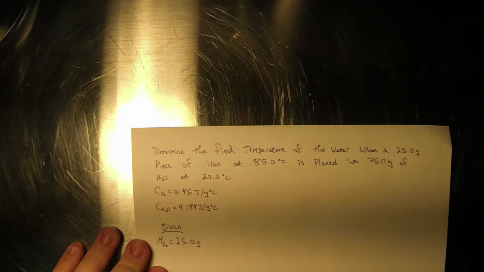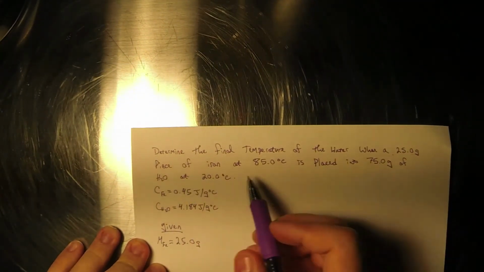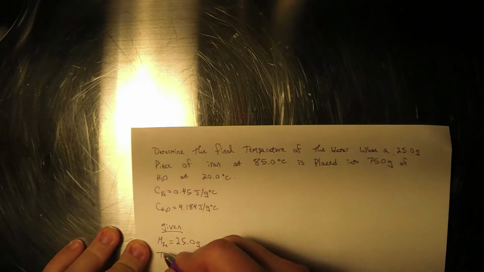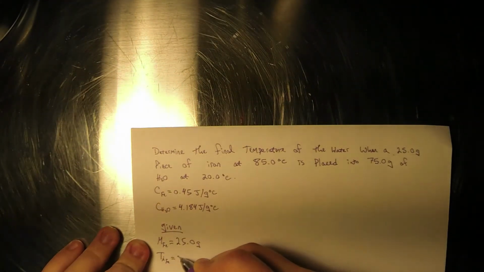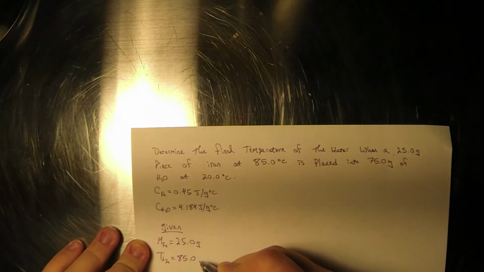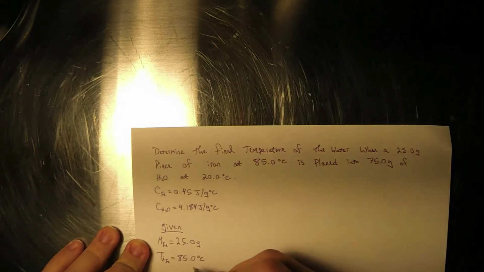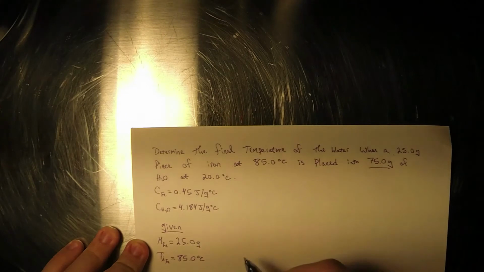Next, we are given an initial temperature, T initial of iron, Fe, equals 85.0 degrees Celsius. And then we're given a mass of the water.